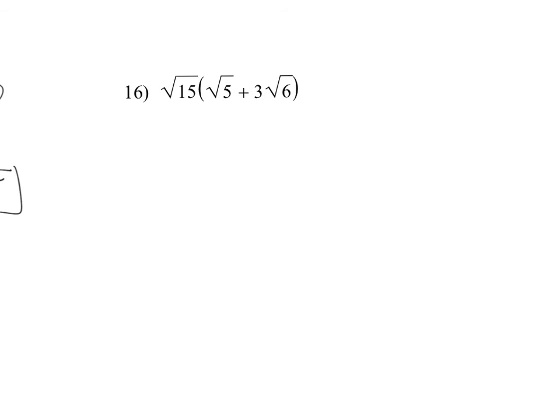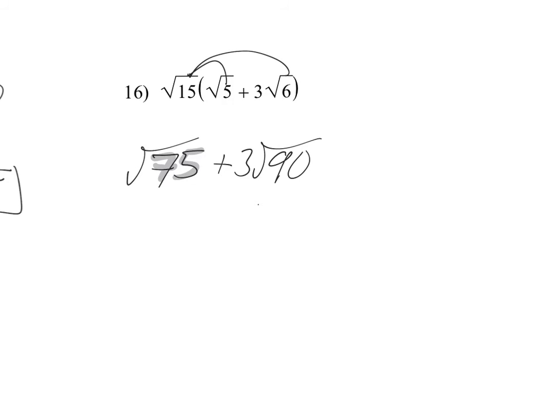Next one. Again, we're just multiplying things together. So we have radical 5 times 15 is 75. So I have radical 75. Oops, the wrong thing. Radical 75 plus 3 radical 6 times 15 is 90. And 75, we have 5 and 15. And then 3 and 5.